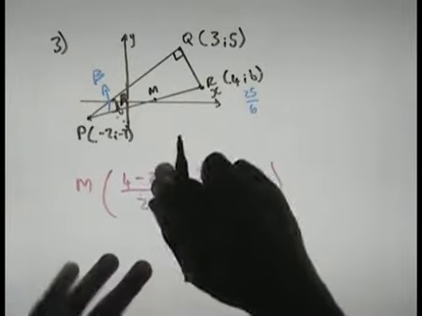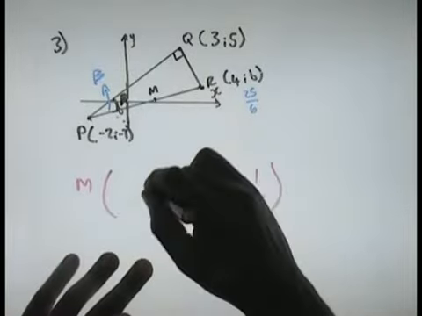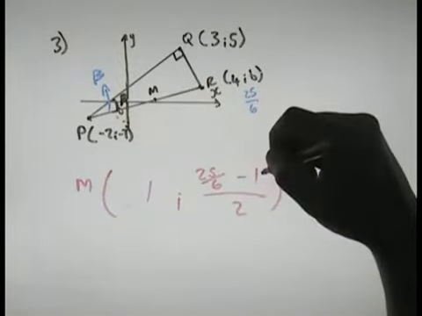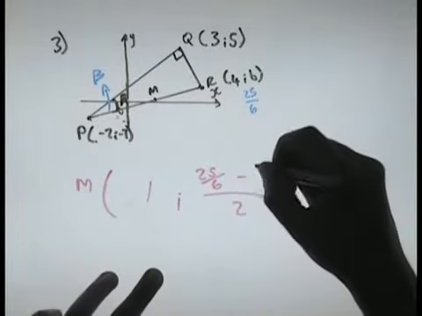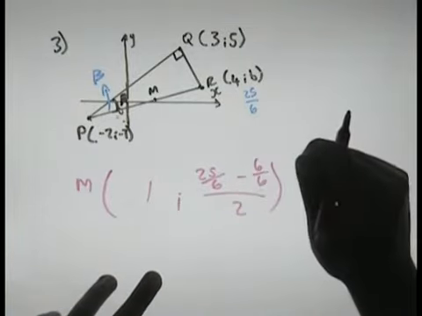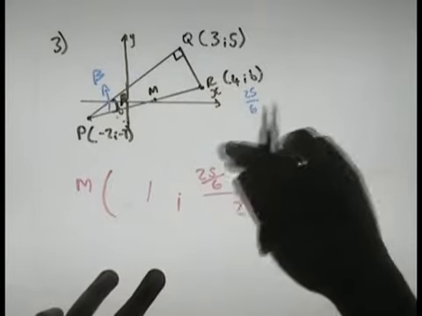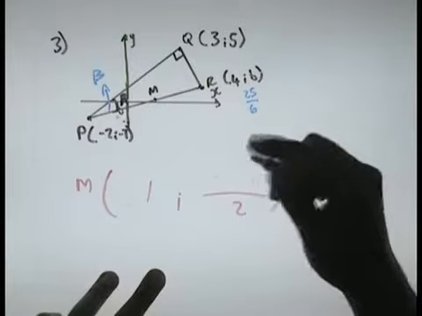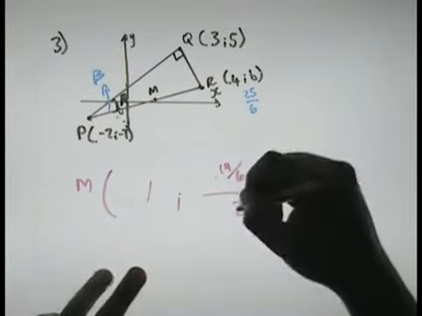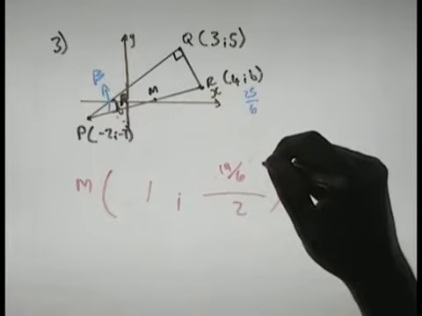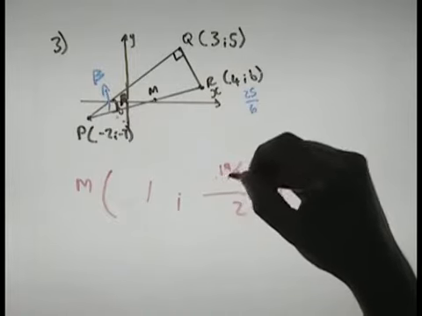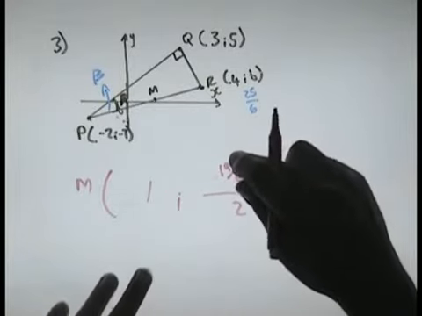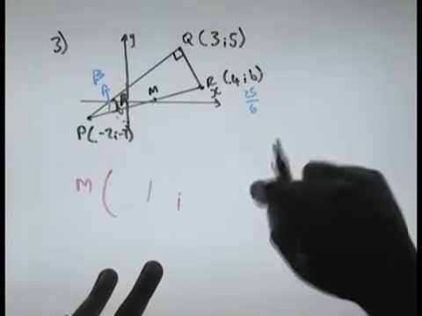4 minus 2 is 2 over 2 is 1. 25 over 6 minus 1 is the same as 25 over 6 minus 6 over 6, which is 25 minus 6, going to give me 19 over 6 divided by 2, which is the same thing as 19 over 6 multiplied by 1 over 2, which is the same as 19 over 12.